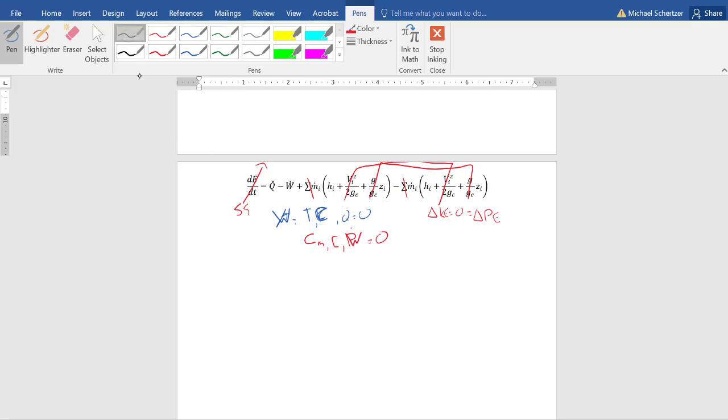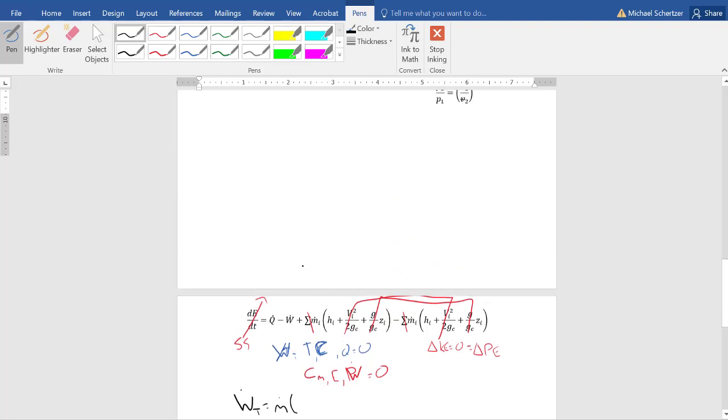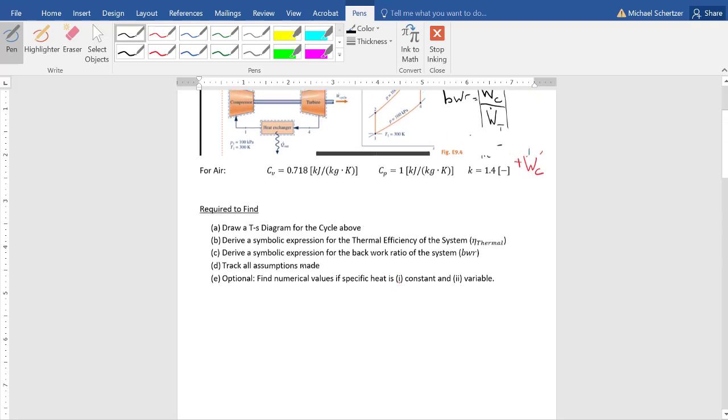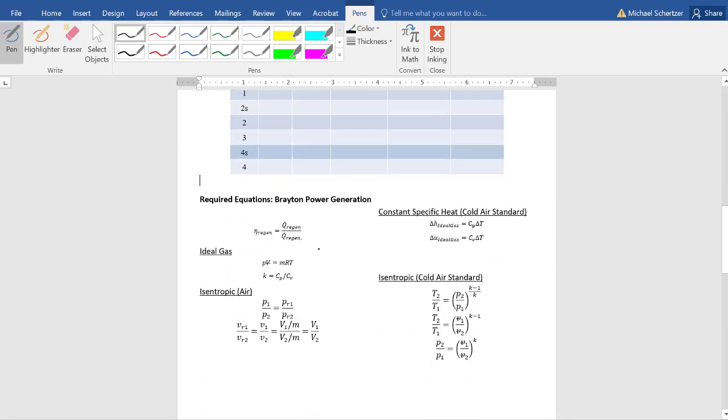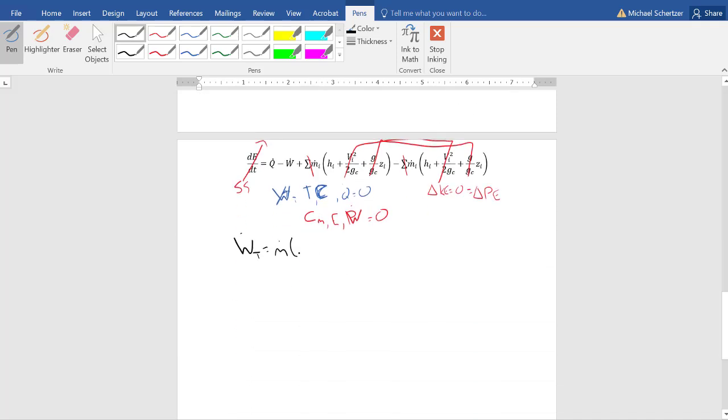So anytime we have a W dot term, for a turbine, this is going to be m dot times h in minus h out. In this particular cycle, there's one turbine and one compressor. My turbine inlet is h3 and the outlet is h4, so this is going to be h3 minus h4.